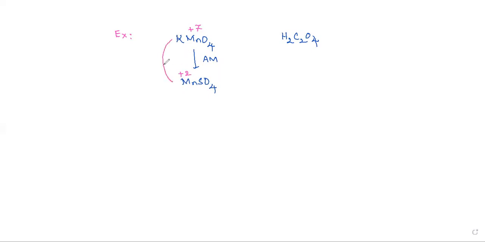So this is an oxidant, the one that undergoes a reduction, or the one that oxidizes others, is an oxidant. Now coming to this, this oxalic acid is oxidized to carbon dioxide. See, there are two carbon atoms in the reactant.